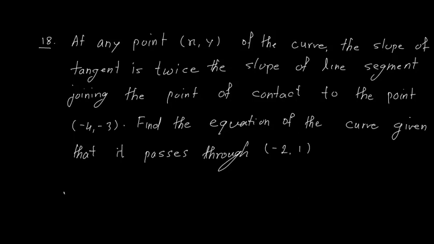The slope of the tangent means dy upon dx, which is twice the slope of the line segment joining the point of contact to the point (-4, -3). The slope joining this point and (x, y) is (y + 3) upon (x + 4). So dy upon dx is 2 times of this.